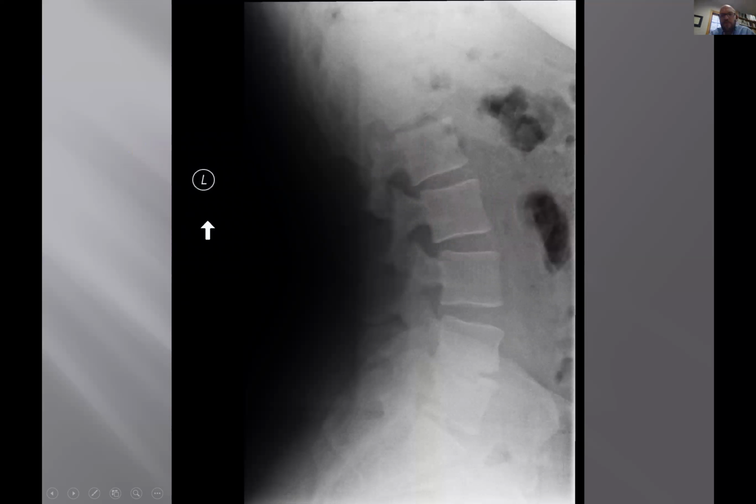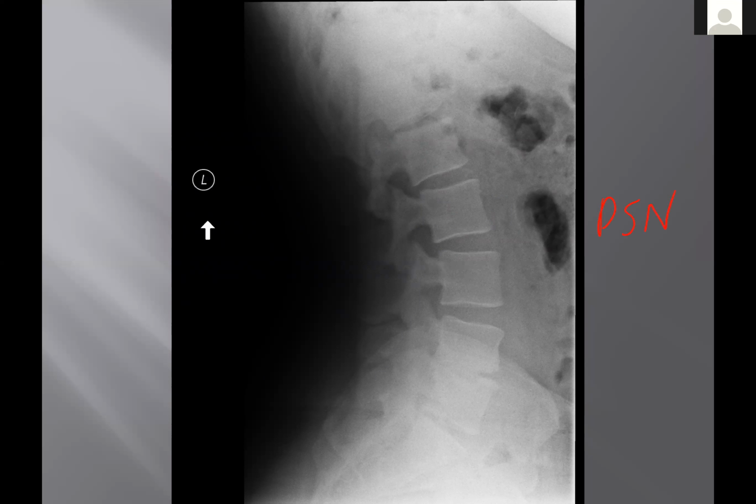If this is L5, or if this is L2, what level are you most concerned about, docs? L4-5. Right, so we're all concerned about L4-5. What's obviously our finding is disc space narrowing, but what else do you see other than just disc space narrowing?